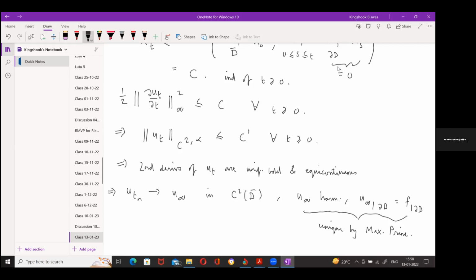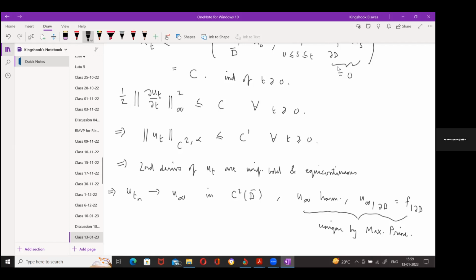Fine? So a harmonic function which vanishes on the boundary is 0. So therefore this solution of the Dirichlet problem is unique. And what does that mean?